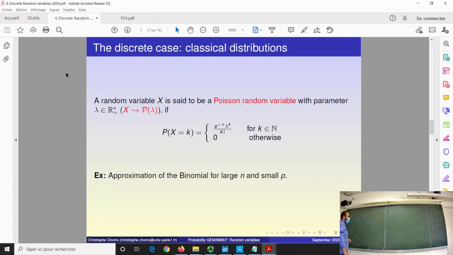So if I have a look at the sum I am interested in, the sum from k equal to 1 to plus infinity of k exponential minus lambda, lambda to the power k over k factorial, it can be written as the sum from k equal to 1 to plus infinity of exponential minus lambda, lambda to the power k over k minus 1 factorial.